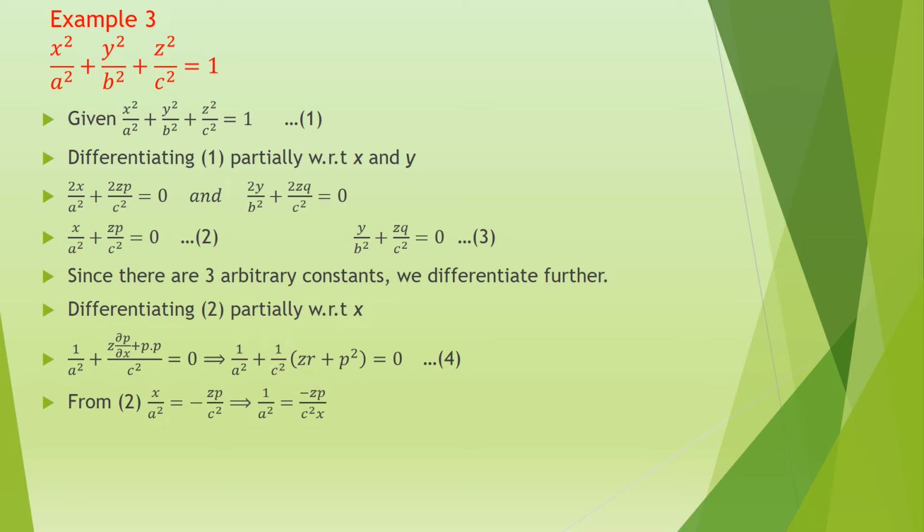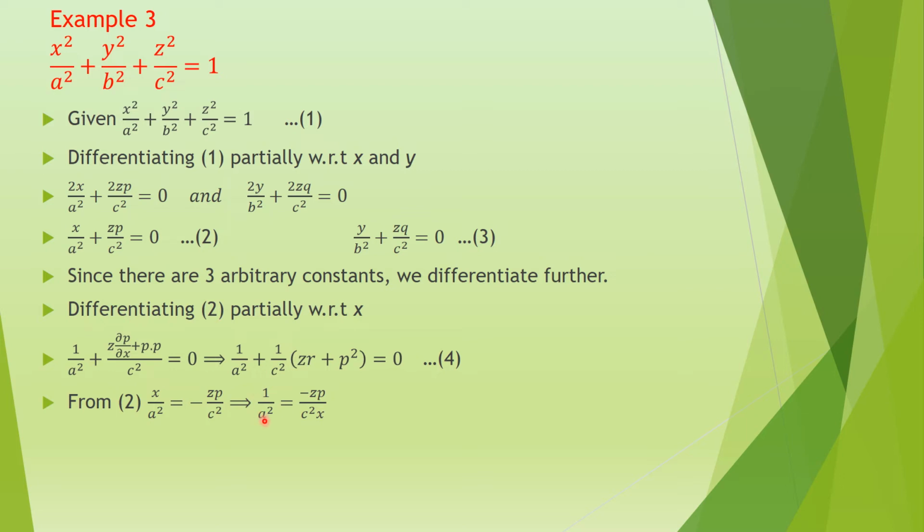Now let me write an expression for 1 by a square, that is constant. We write the expression for 1 by a square from equation 2, not from equation 4. Let us write an expression for 1 by a square from equation 2.